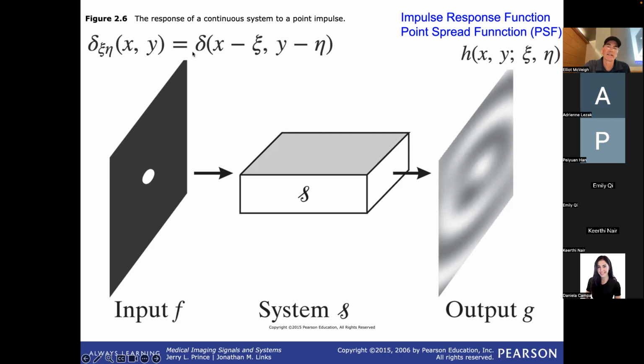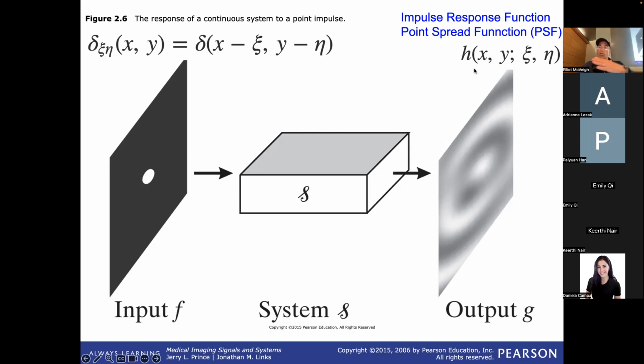Okay, and then we can encode that as these subscripts. So if it turns out that when we shift our signal from the origin, we are required to have a new point spread function or a new impulse function for every value of psi and eta, for every offset, then it is not a shift invariant system.